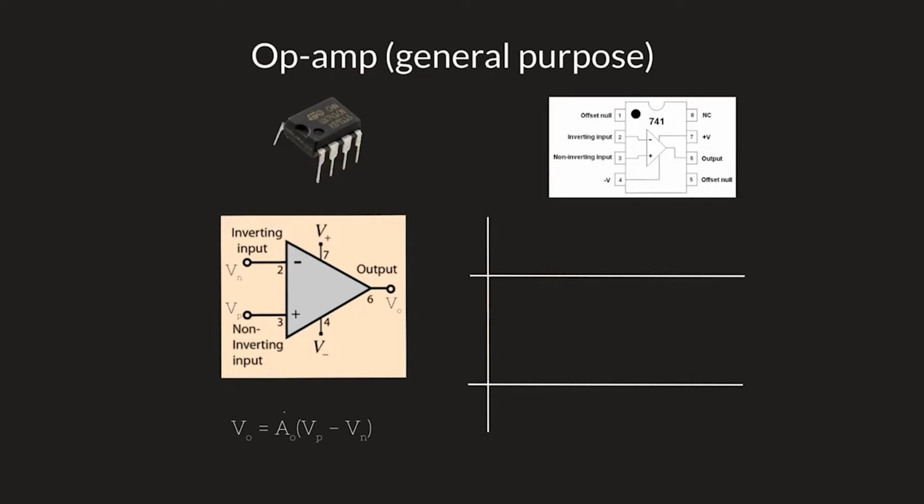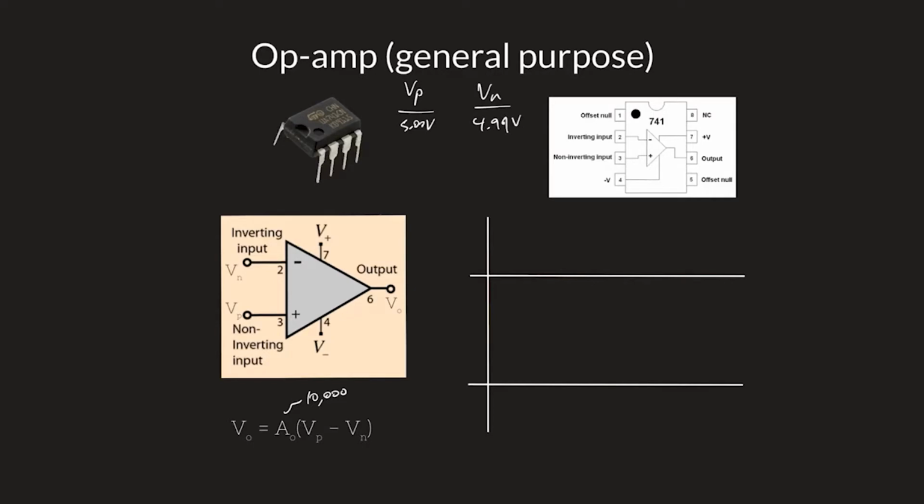So this gain term, a typical minimal value for that gain is around 10,000. You'll see in the spec sheets for these op amps at least 10,000 or more. The way this op amp works, let's say VP is 5 volts, and VN is 4.99 volts.